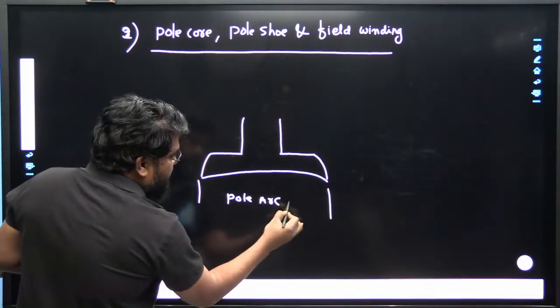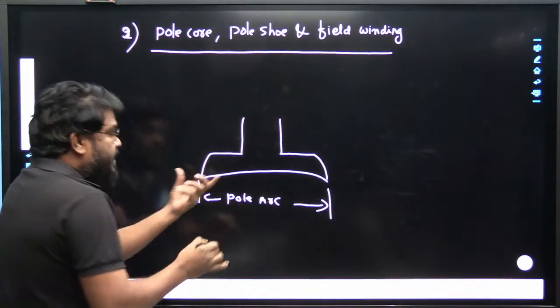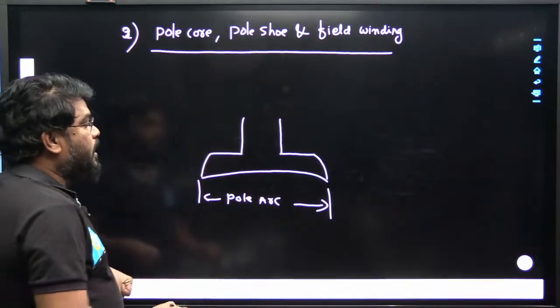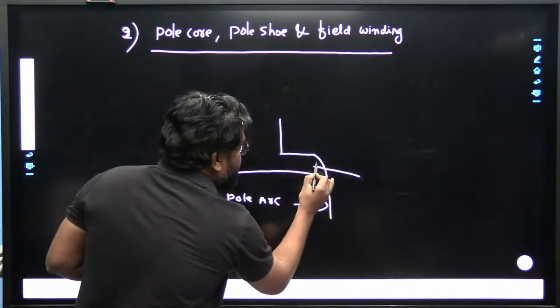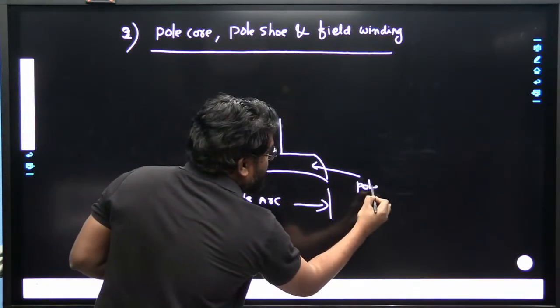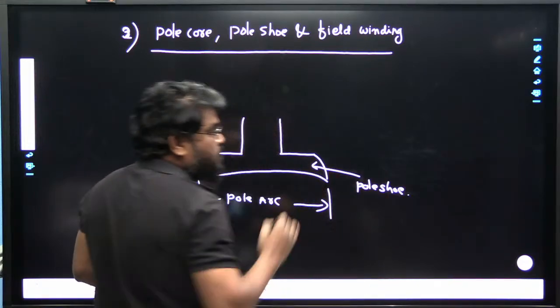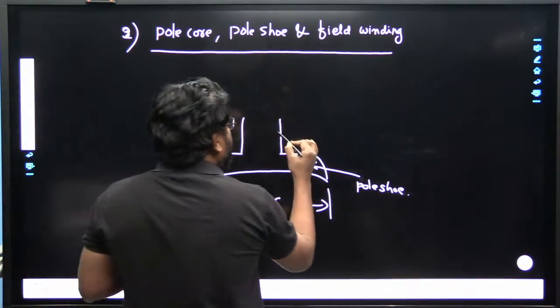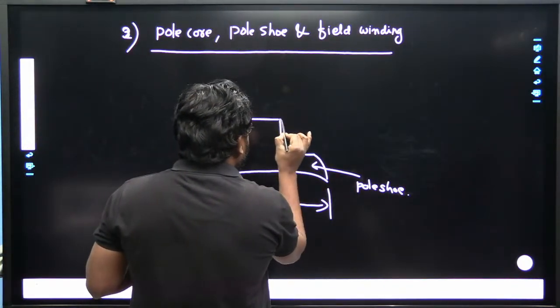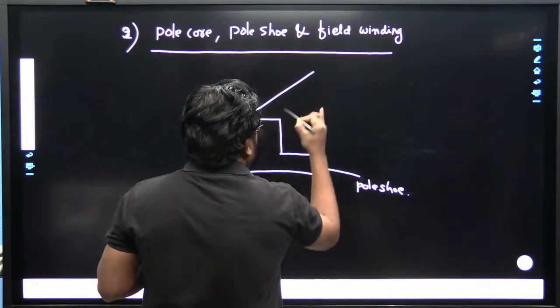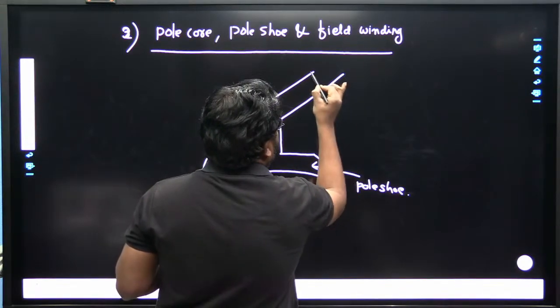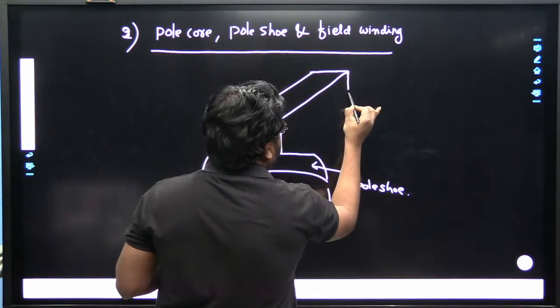That means the distance between the two edges of the pole is the pole arc. And this part we can say is the pole shoe. It accommodates the pole core. Next, the pole shoe is here, and this is the structure of the pole core, like this.